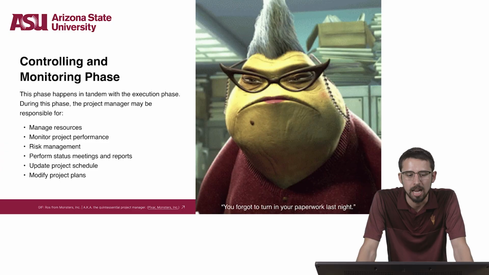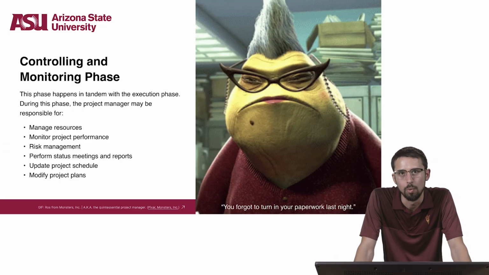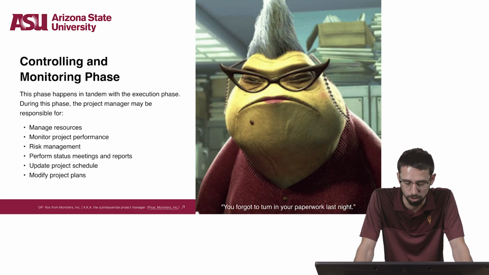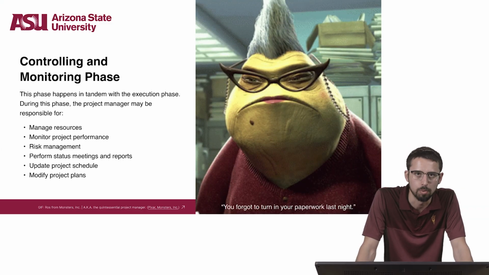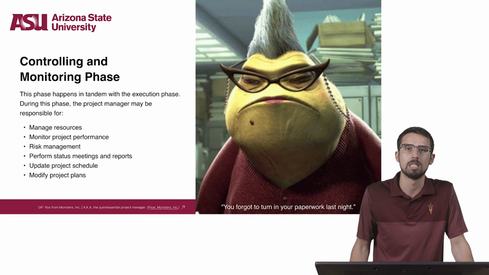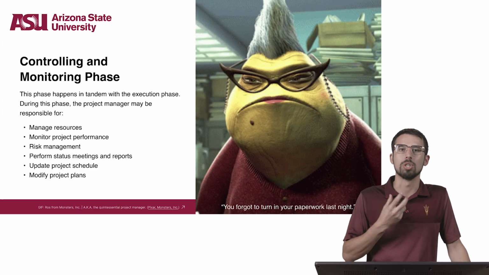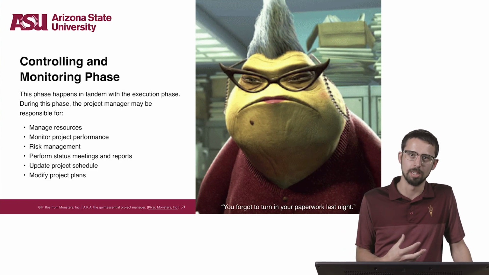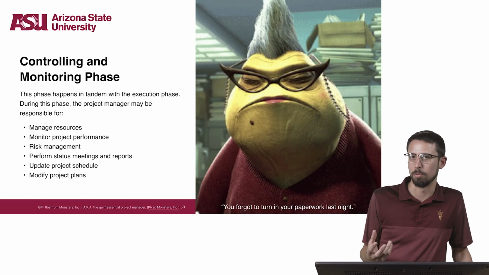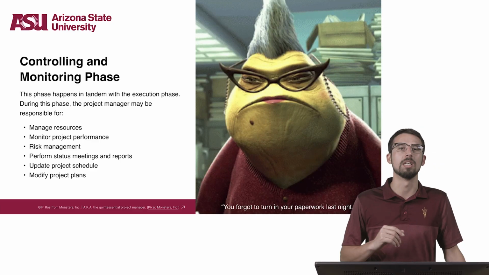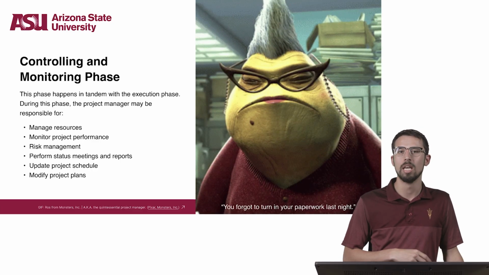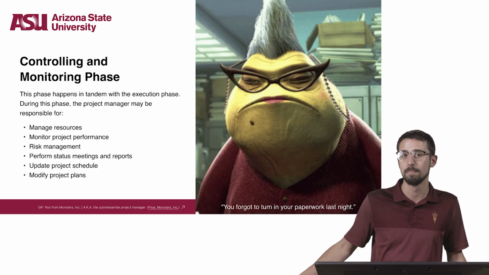This phase happens in tandem with the execution phase, controlling and monitoring. As the project moves forward, the project manager must make sure that all moving parts are seamlessly headed in the right direction. If adjustments to the project plan need to be made due to unforeseen circumstances or a change in direction, this is where they typically happen.